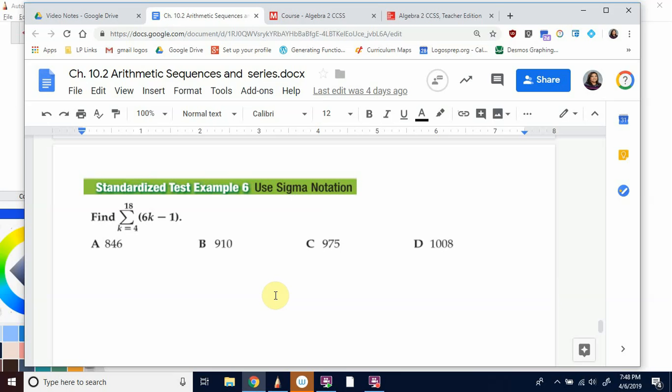So what do we know here? What we're given, and I'm not good at writing these, so just bear with me. Okay, so k equals 4 and 6k minus 1. So the first term is 4, so we're going to put 4 into the equation.